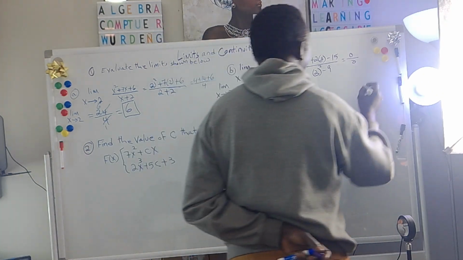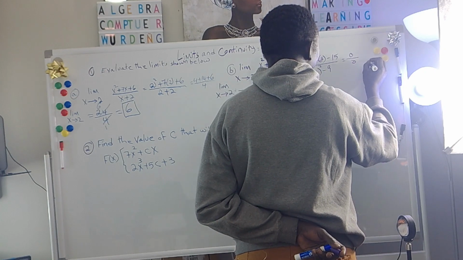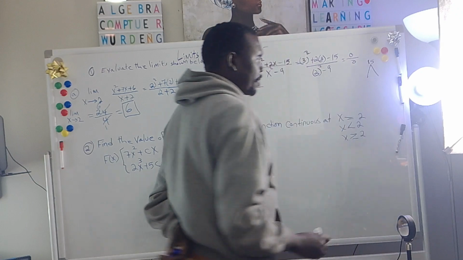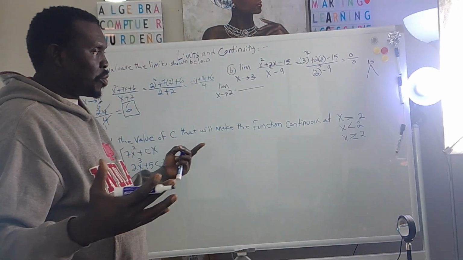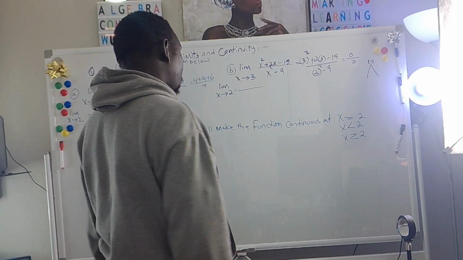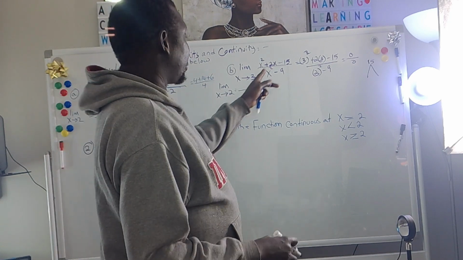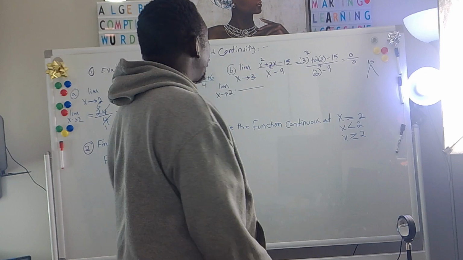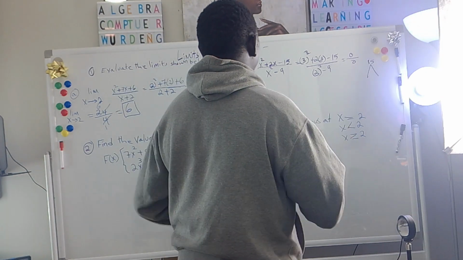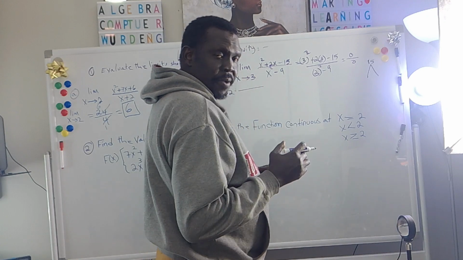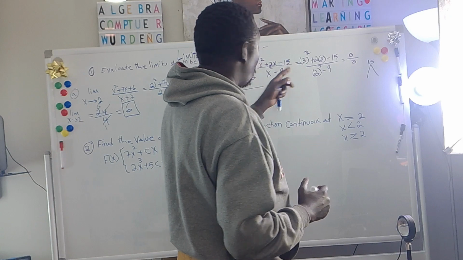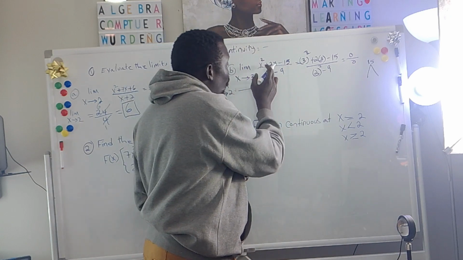I have 15 here, and I need two numbers that, when we multiply them, give me 15, and when we add them, give me 2.